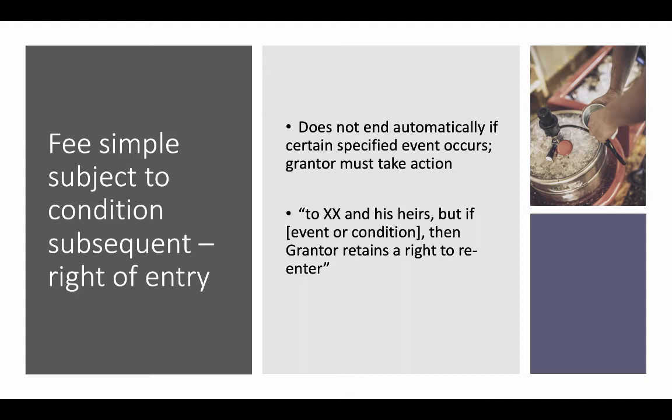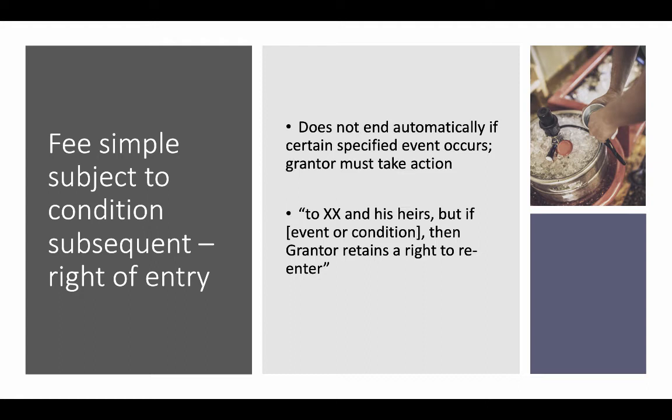But instead, if Fred used language like to Barney, but if the land is ever used for something other than growing corn, then Fred retains the right of entry. That's a fee simple subject to a condition subsequent. If the land is used for growing potatoes, Fred has the right to reclaim the land. However, if Fred doesn't exercise that right of re-entry, then Barney's ownership of the land simply continues as before.